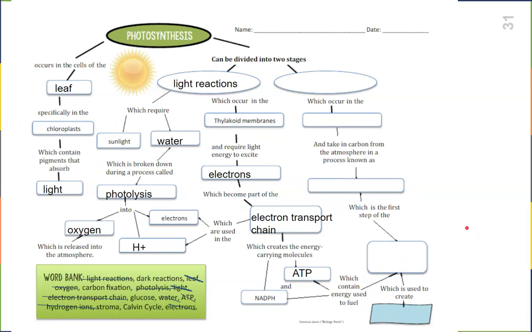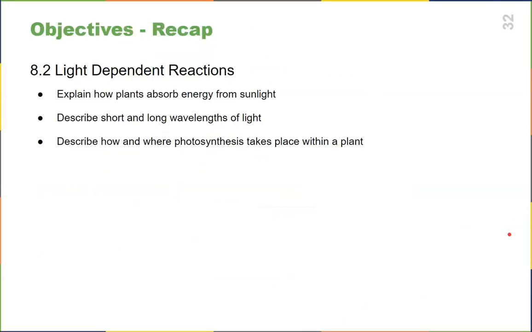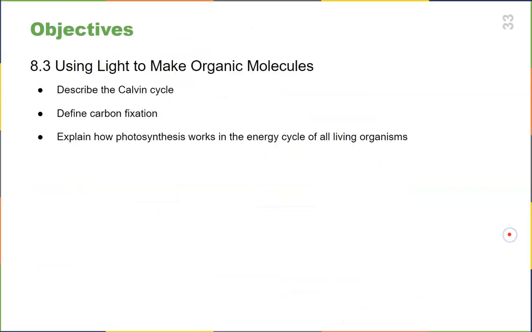Hopefully you got those. Feel free to fill in your graphic organizer if you printed one out, or just take a screenshot. It's up to you. All right, so that's 8.2. Now we're going to move on to 8.3, where we'll talk about how the light reaction products are used in the Calvin cycle.